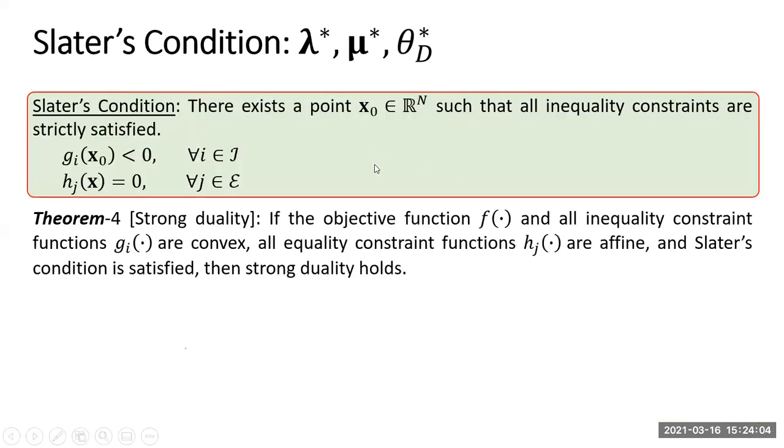One possible constraint qualification is called Slater's condition. The condition is there exists a point x naught such that all inequality constraints are strictly satisfied. So for every inequality constraint gi of x, this must hold.